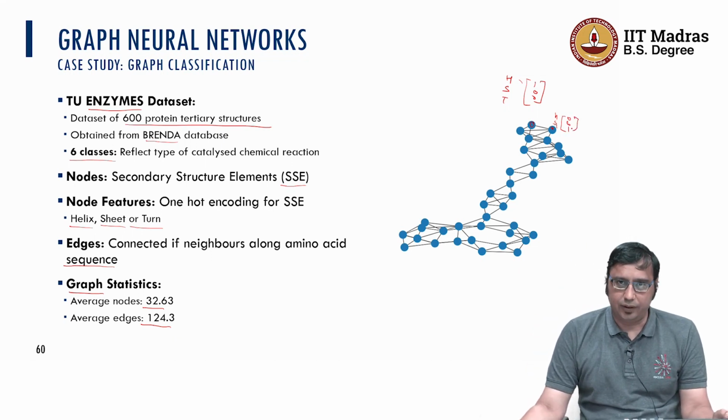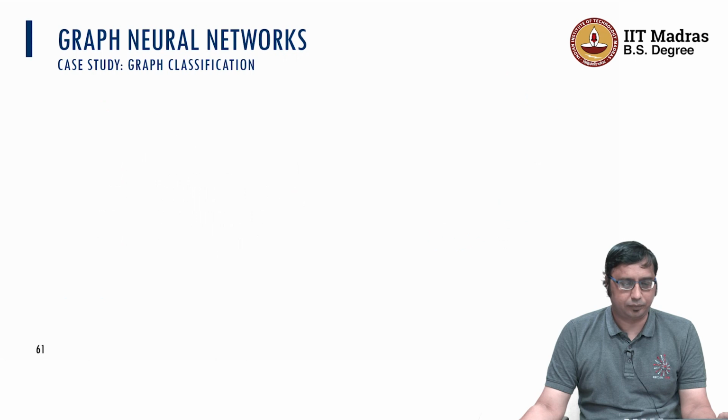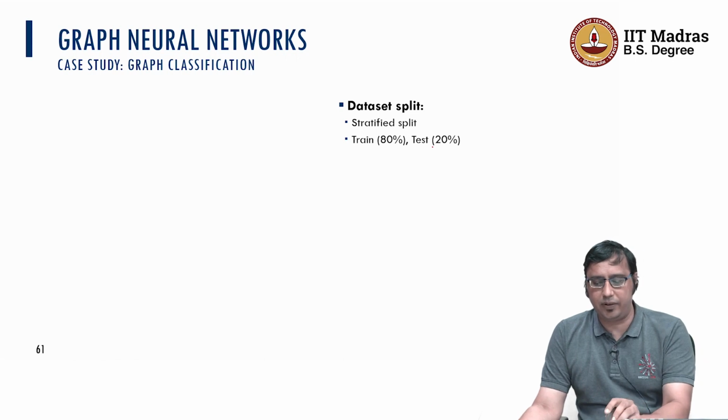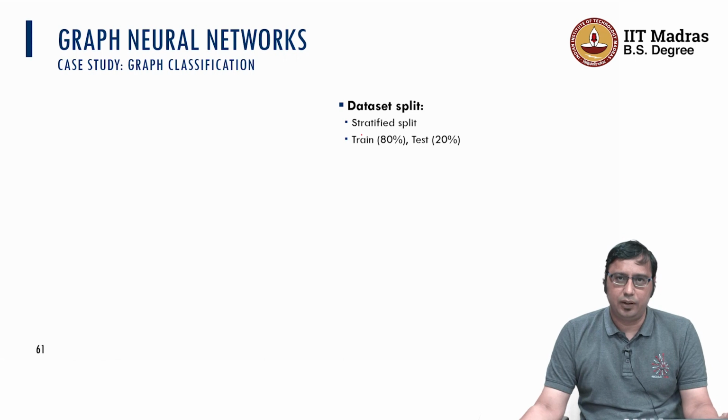Using this data, we are going to use graph neural networks to develop a classifier for new enzymes. We did a stratified split where training has 80% and test has 20%, and the stratified split ensures the proportion of different labels is kept. The number of filters we used is only 2; we can use more.